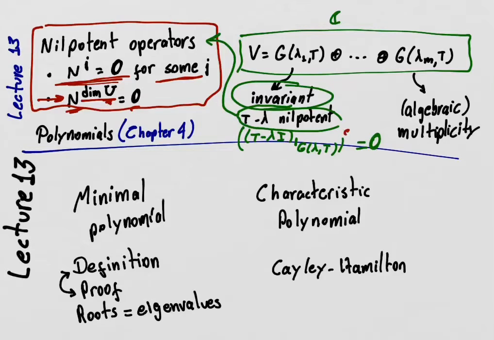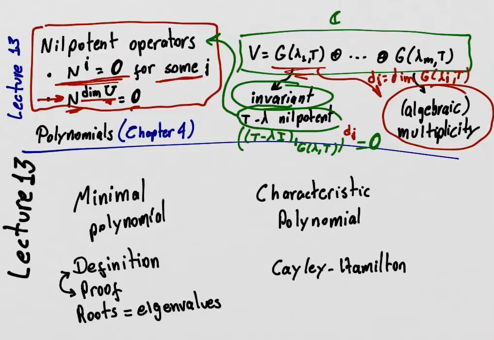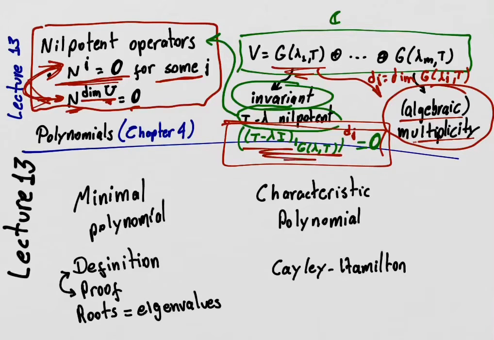It just needs to be d_j, where d_j is the dimension of the generalized eigenspace corresponding to the eigenvalue lambda_j, which we call the algebraic multiplicity. Because these two definitions are equivalent, it is enough to raise the restriction of this operator to the power d_j to get the zero operator. So all these facts were very important for the lecture of today.